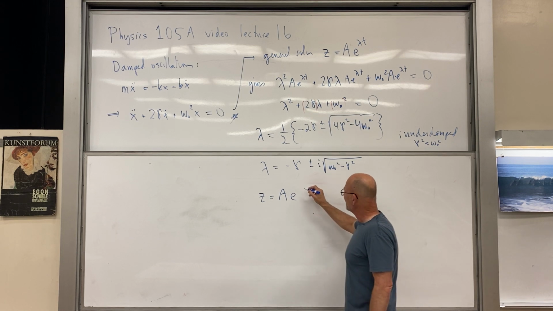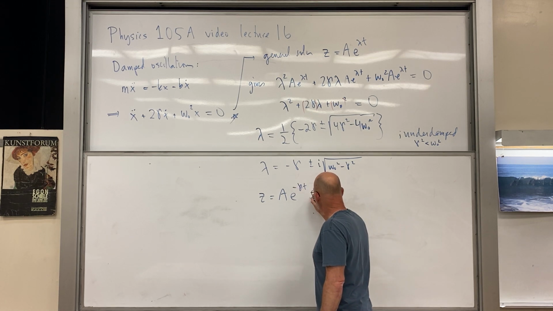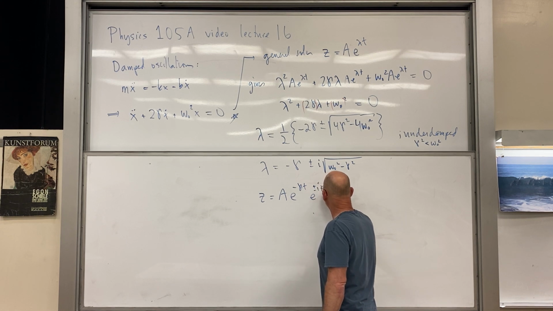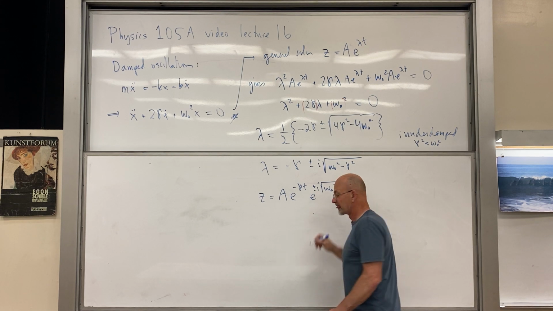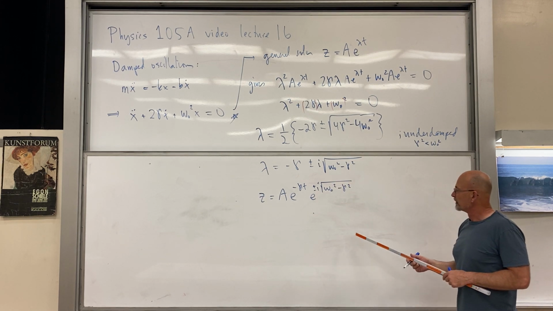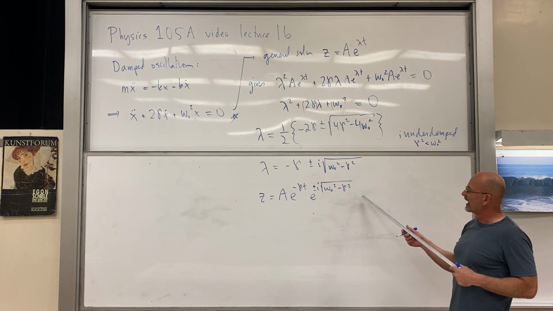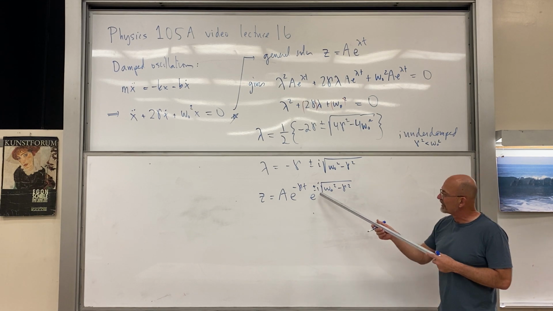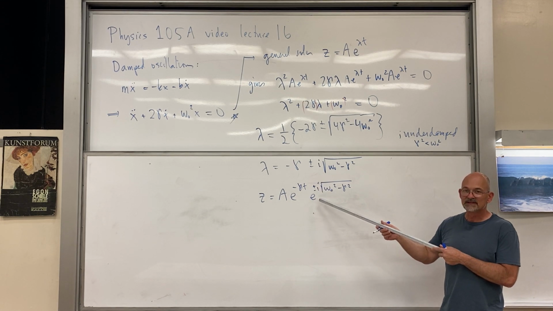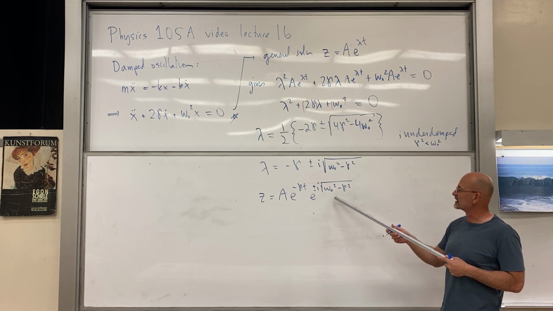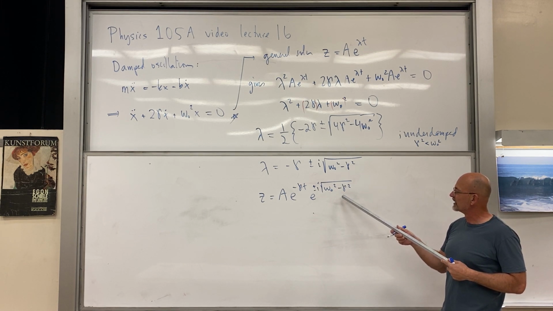So we have e to the minus gamma t times e to the plus or minus i root omega naught squared minus gamma squared, times t. Haven't skipped any step. And when we take the real part, it's not going to matter what's the plus or minus here, because both times it'll be the cosine, because the cosine is a symmetric function.